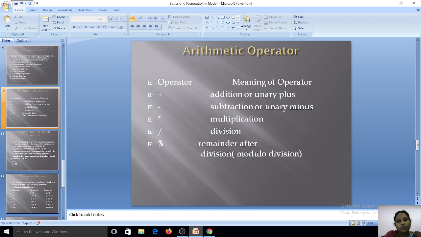We all know multiplication is used to multiply two numbers, and division is used to perform division. Modulus is used to produce the result as a remainder. The division operator will produce the result as quotient, and the modulus operator will produce the result as remainder.